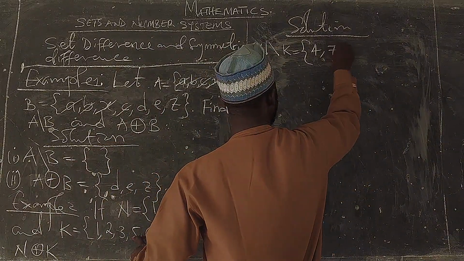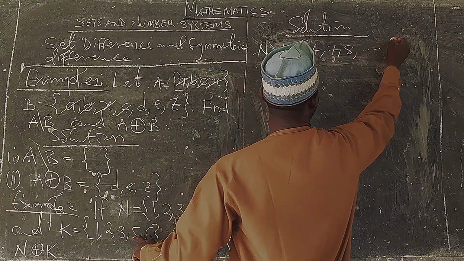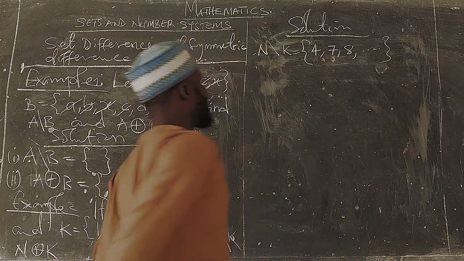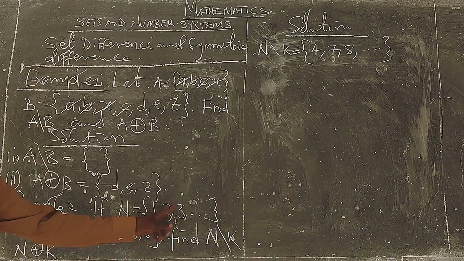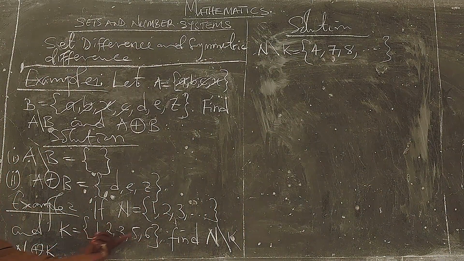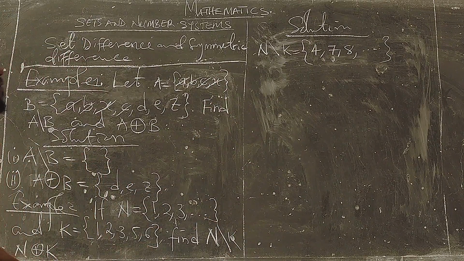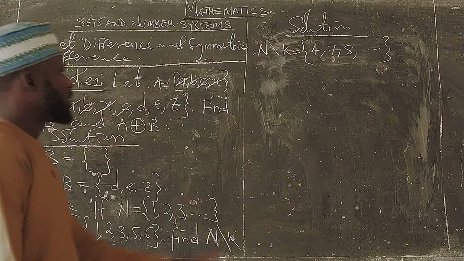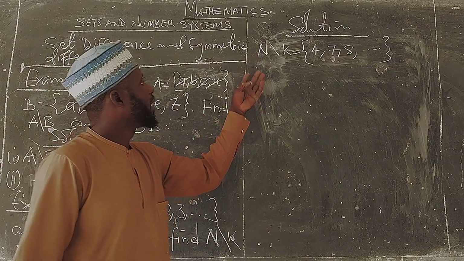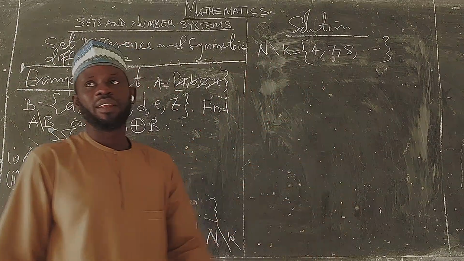So we start from 7, 8, and because it's an infinite set, the list will continue. All the elements that are in K have been removed, and this set will be infinite. And so the relative difference will still be infinite.